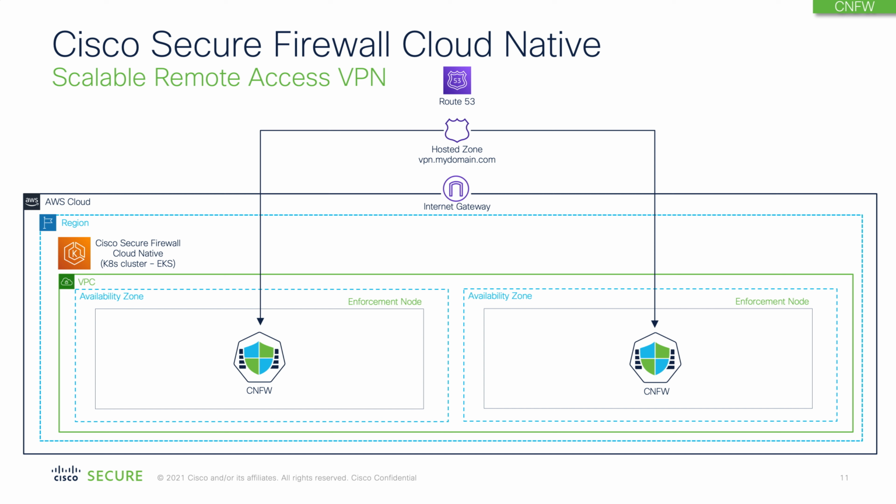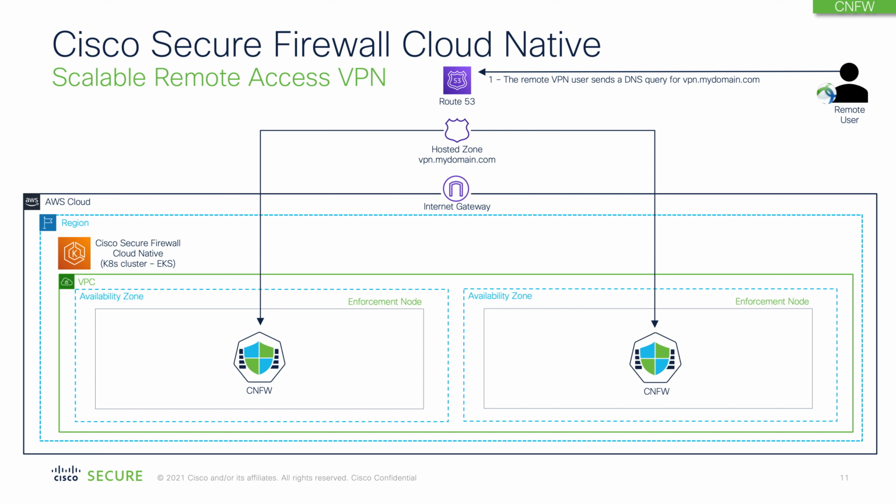In this architecture, I'm just showing you the firewall side of the configuration, where you have SFCN deployed in the mix, and you have your virtual private cloud with your enforcement nodes. A user on the internet will initiate traffic for vpn.mydomain.com.